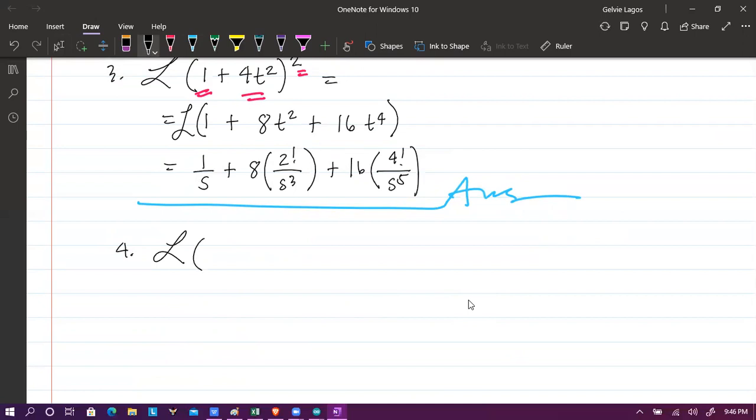Let's say I have here 4, this is a constant, plus we have 3t squared minus 4e raised to minus 2t, so plus 6 cosine of, let's say, 4t.